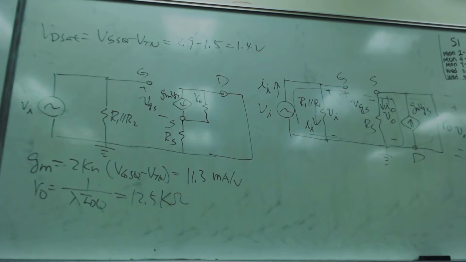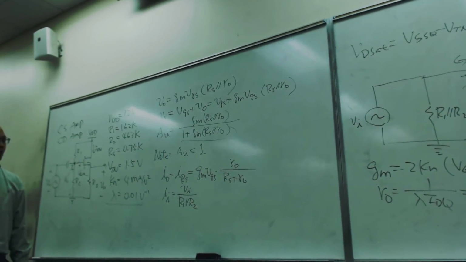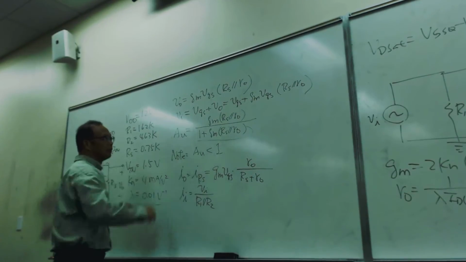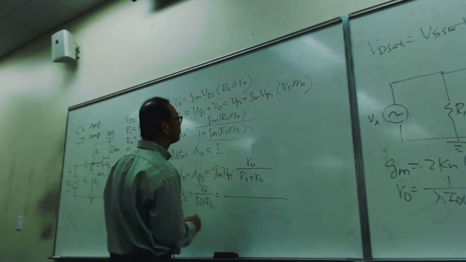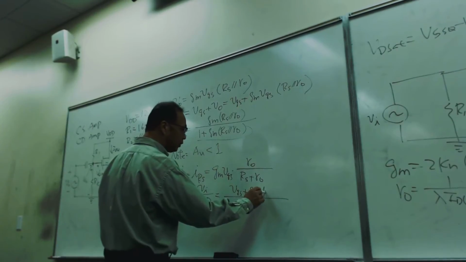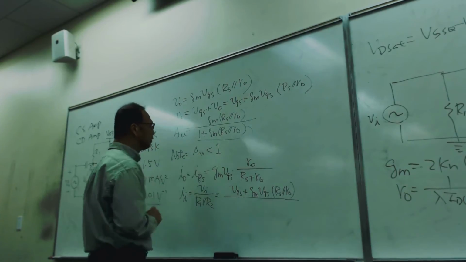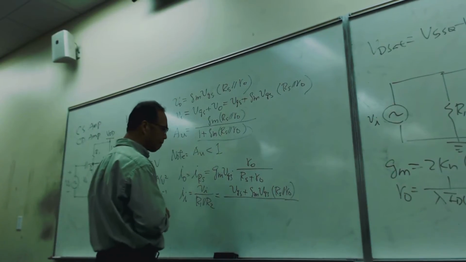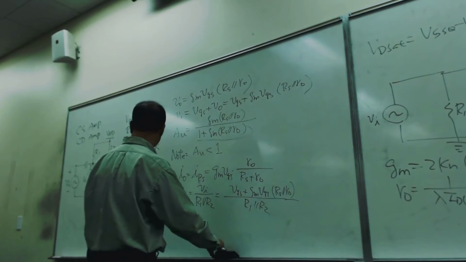So I sub I is V sub I over R1 in parallel with R2. And V sub I is already derived, so it's VGS plus gm VGS times RS in parallel with RO, divided by R1 in parallel with R2.